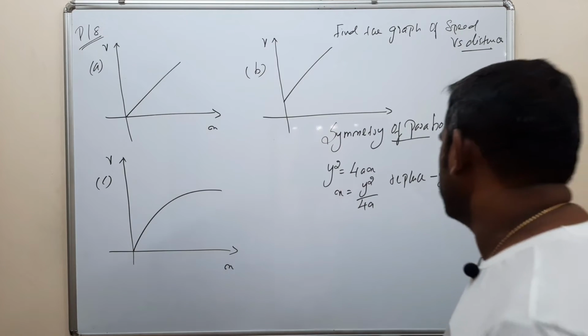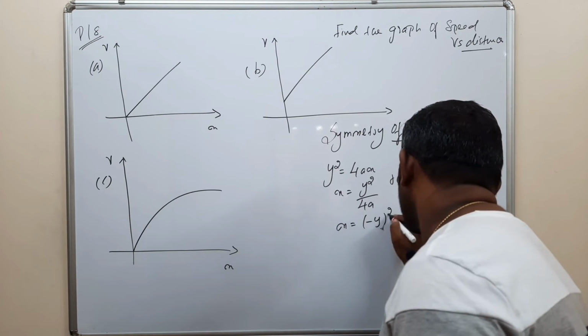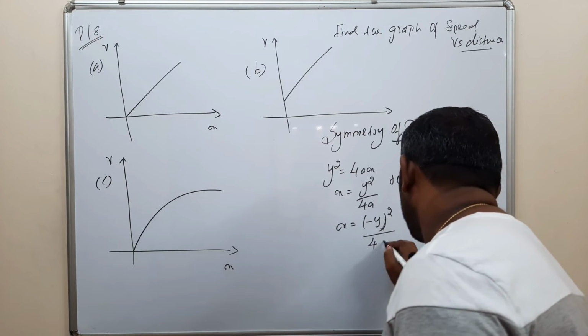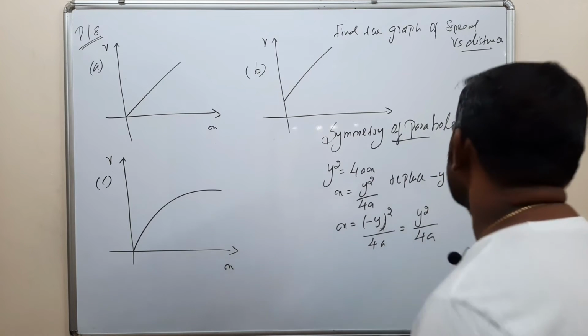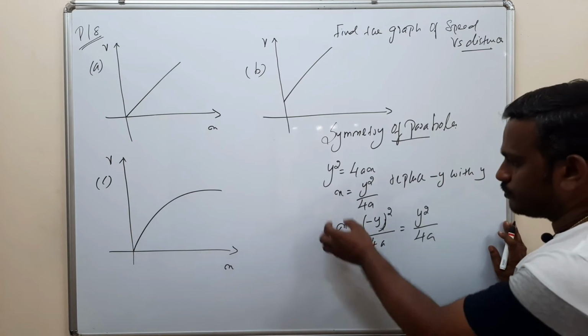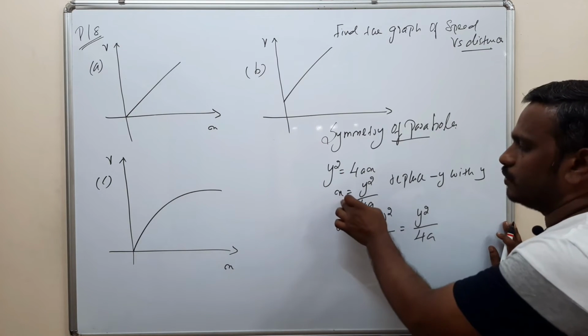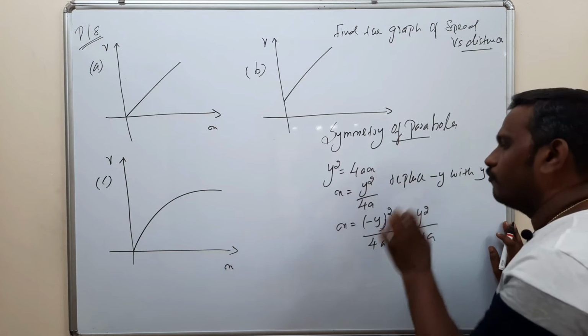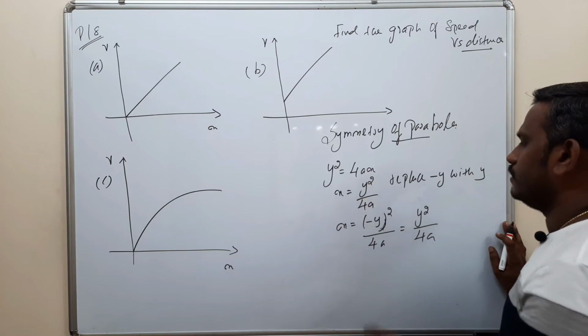So x equal to minus y the whole square divided by 4a, that's equal to y square by 4a. So again we are getting the same value. So x equal to y square by 4a.